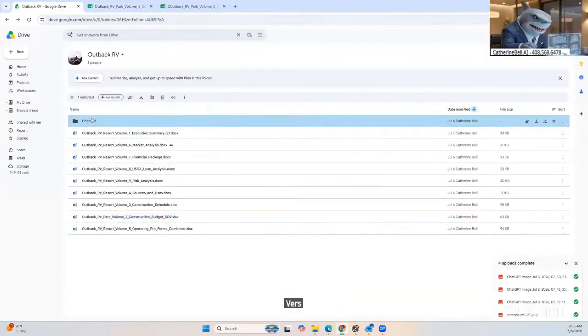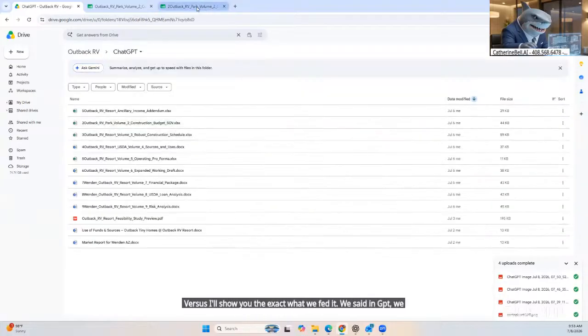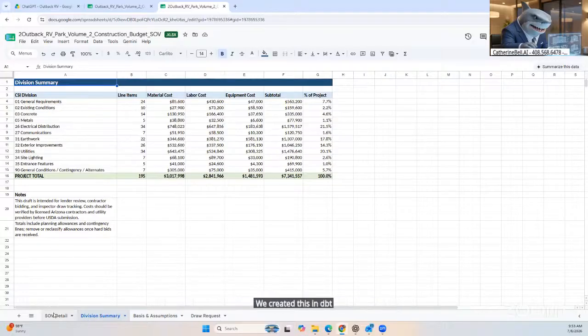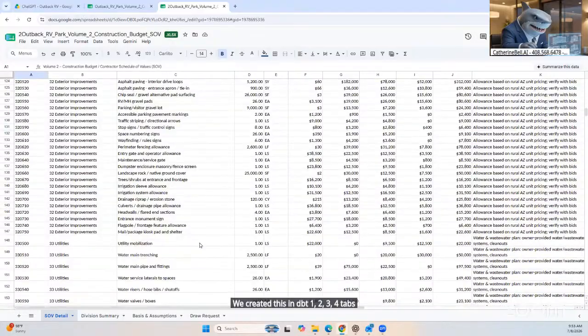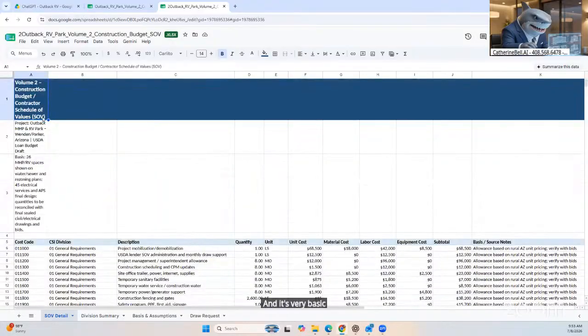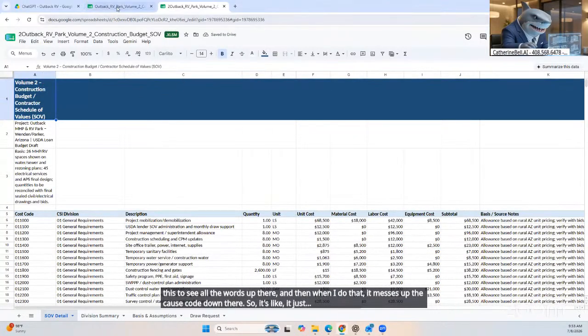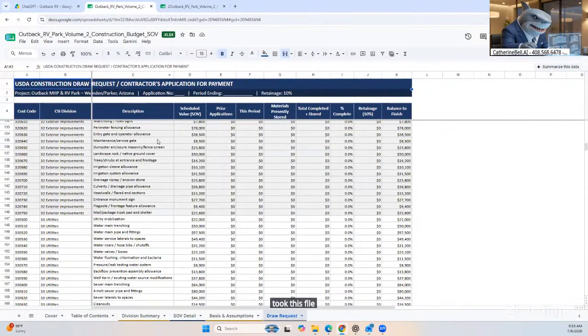Let me show you what we fed it. We created this in GPT, four tabs, and it's very basic, just the nuts and bolts. I have to do this to see all the words up there, and then it messes up the cost code down there. Catherine would have to do a lot of work there. So we took this file as is and fed it to Claude.